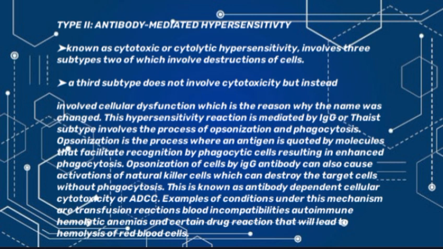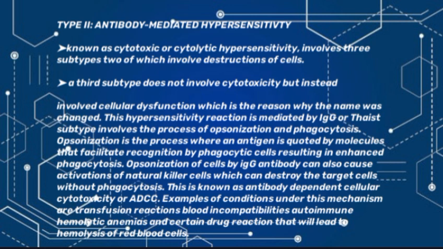The first subtype involves the process of opsonization and phagocytosis. Opsonization is the process where an antigen is coated by molecules that facilitate recognition by phagocytic cells, resulting in enhanced phagocytosis. Opsonization of a cell by IgG antibody can also cause activation of natural killer cells, which can destroy the target cells without phagocytosis.